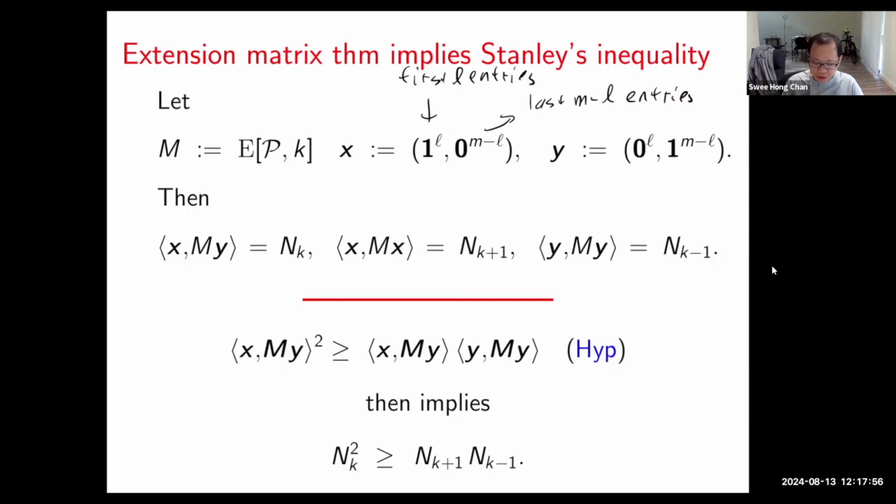And it follows from the definition. That's why we define the matrix M in a very specific way. Then x M x is N_k, x M y is N_{k+1}, and y M y is N_{k-1}. Then Stanley's inequality, at least in a simple form, follows immediately from the hyperbolic inequality. This is the reason why we want to prove the extension matrix theorem.